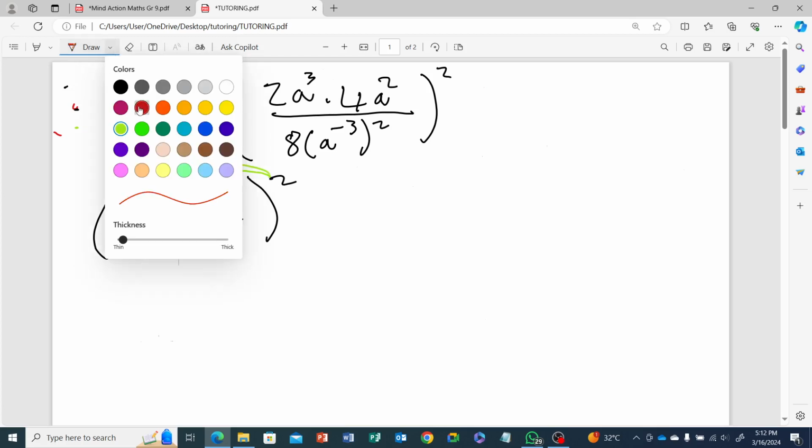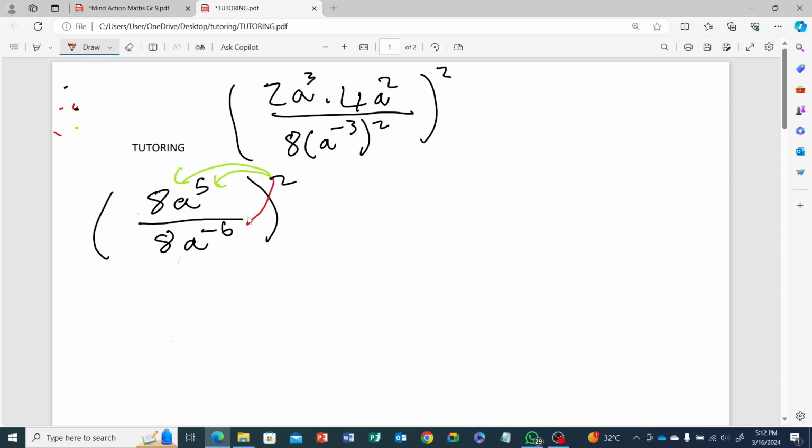And in the denominator, you can take it and multiply there, and you also multiply it to the power of 8 there. Let us simplify it further and see how that 2 affects. So you're going to have 8 exponent of 2, a exponent of 5 times 2, which is 10, divided by 8 exponent of 2, and a exponent of minus 6 times 2, which is a exponent of minus 12.